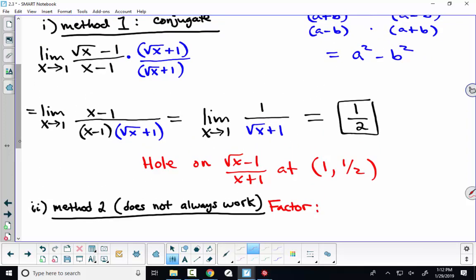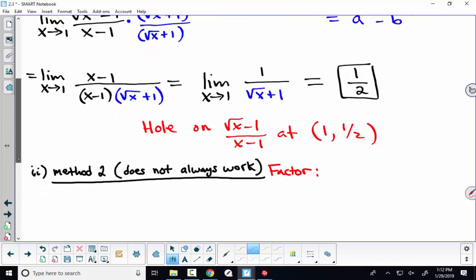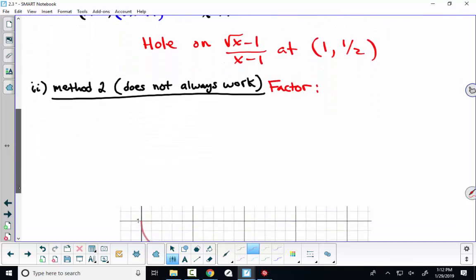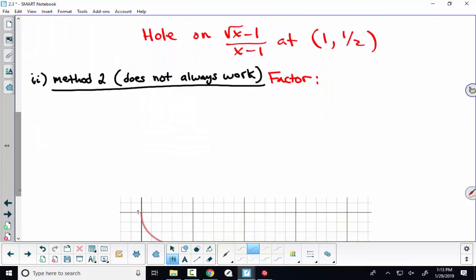Oh, x minus 1, yeah. Sorry, I wrote that down wrong. Thank you. The second method, it's not always applicable, but when it works, it is much more efficient.